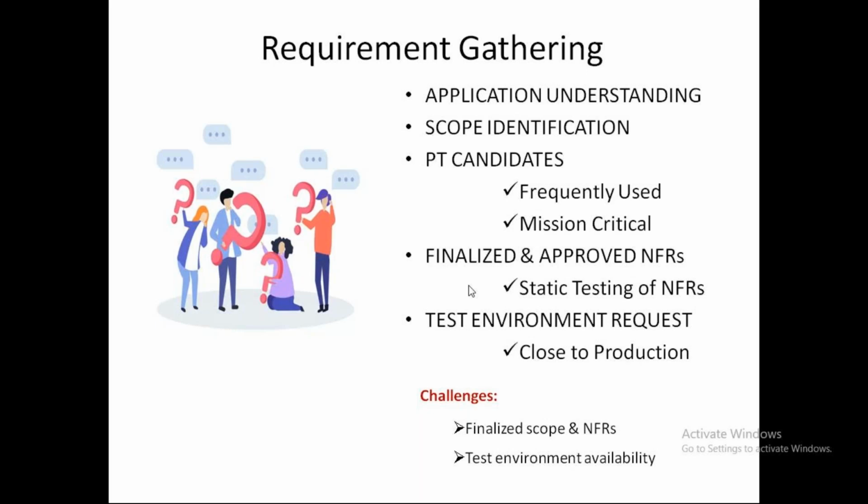Test environment availability. Best example we saw again now. Someone is telling, in their project, they are saying we cannot give you a performance test environment because of cost issues, you do the test directly on production. But you know what?